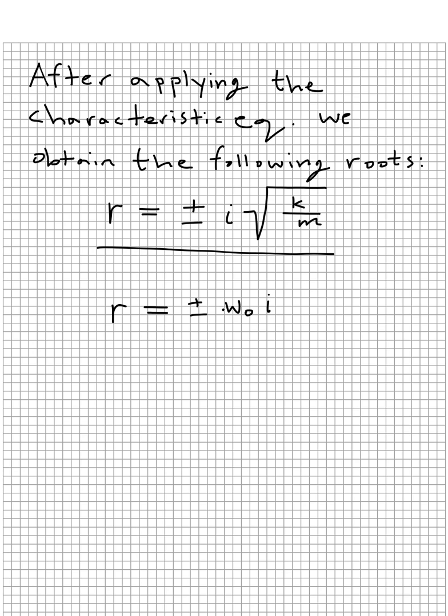This is generally referred to as little omega. So omega naught is set equal to the square root of k over m. That's typical, and we'll see it again and again.